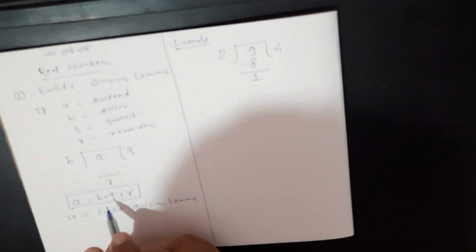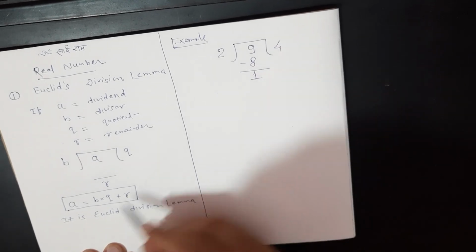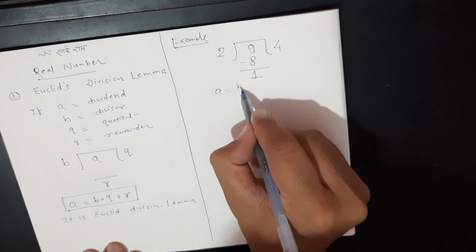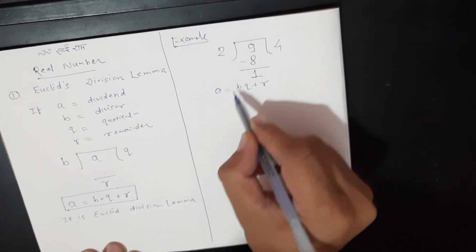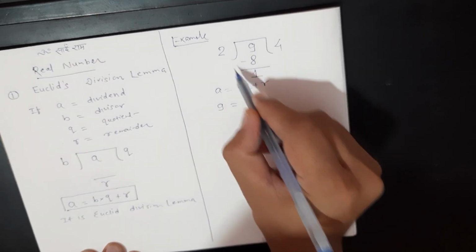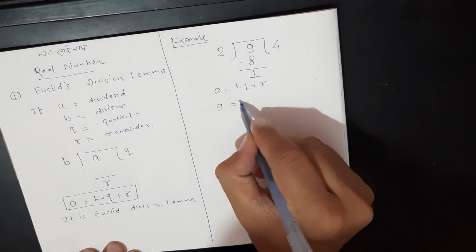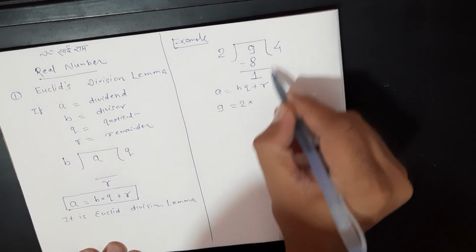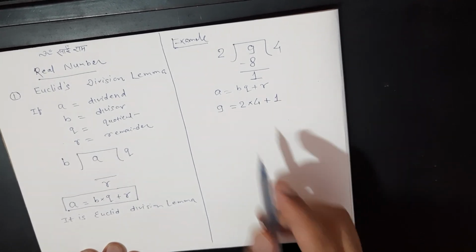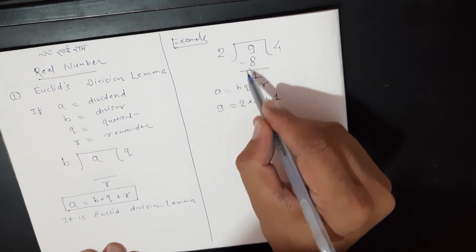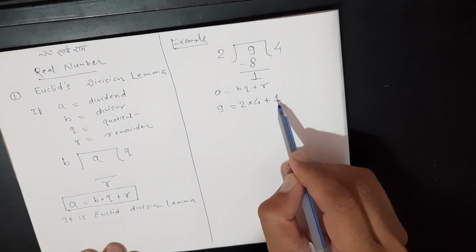A is equal to BQ plus R. A is 9, which is dividend. B is divisor, meaning 2. Quotient is 4 and remainder is 1.